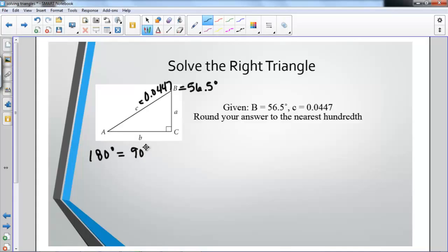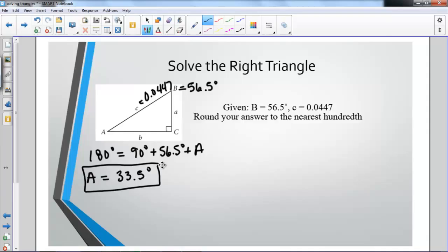So I'm going to have 90 degrees plus 56.5 degrees plus angle A equals 180. So angle A is going to equal 33.5 degrees. Now that I have all of my angle measures, I'm going to focus on trying to find the side lengths of little a and little b.